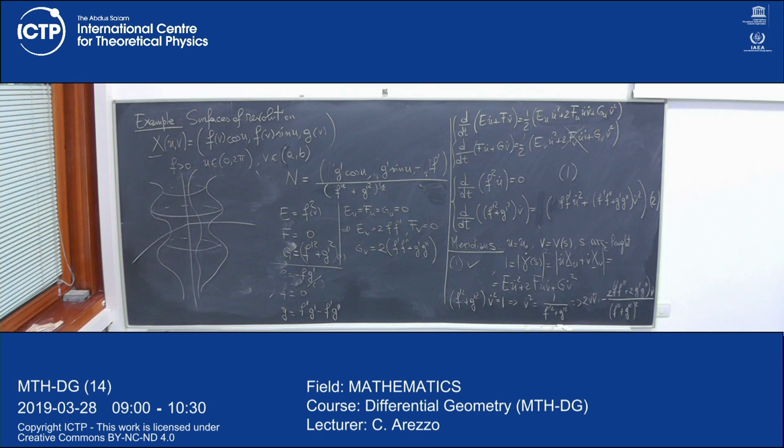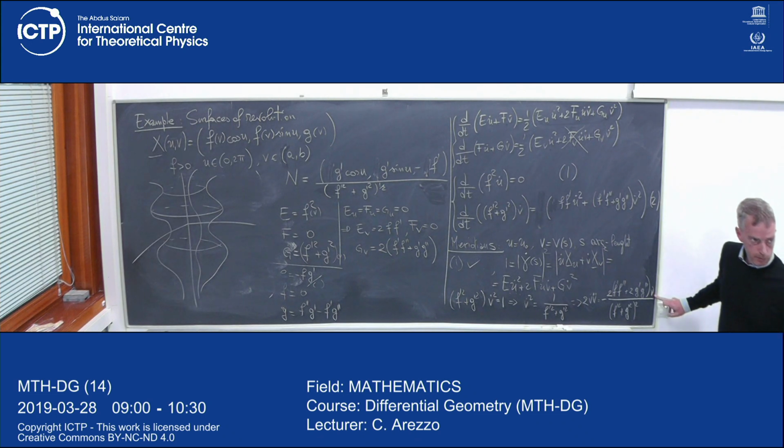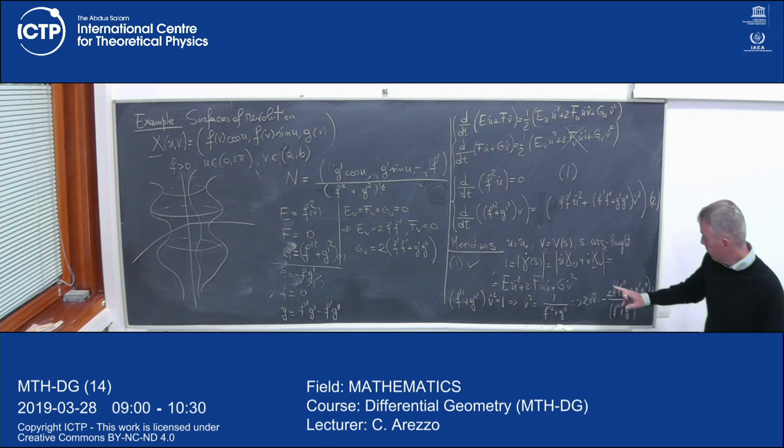Okay, so why do I like it? Because of course v dot cannot be 0, because already u dot is 0. If also v dot is 0, then nothing is moving and this is not a curve. So I can divide by v dot, and I can also divide by 2 if I put the brackets in the right position.